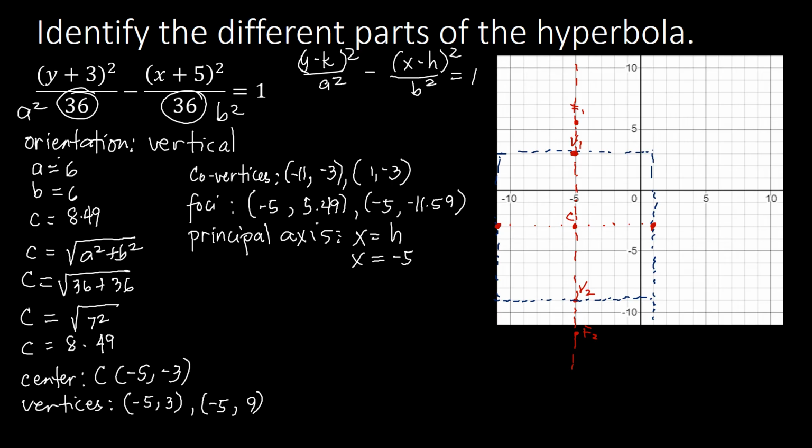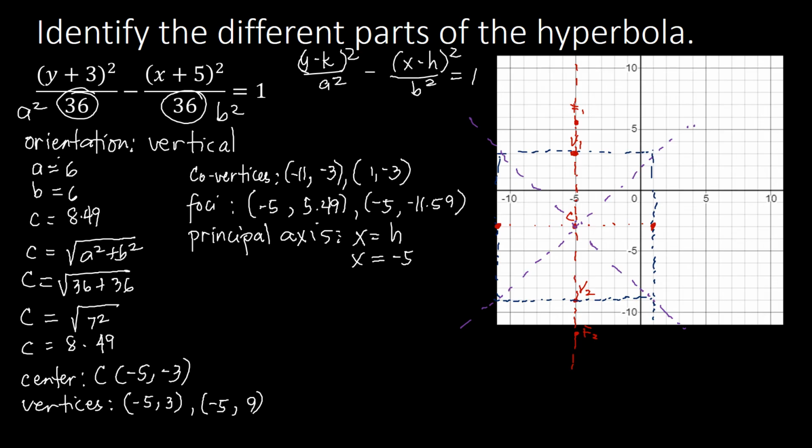After that, we will be drawing the diagonal of that rectangle that will serve as our line of asymptote. So this will be our diagonal. That will also pass through the center, and also this one here, passing through the center as well. So that will serve as our asymptote line.